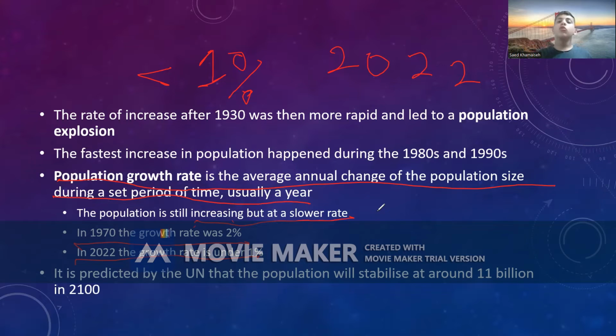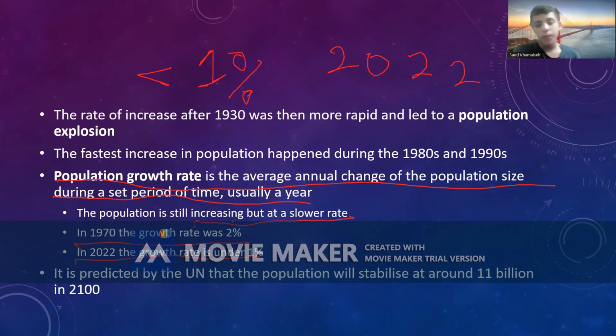In 2022 it is increasing, but not as fast as in 1970, when the growth rate was 2%. So the 2% was higher than the 1%. It's important to know this point. I think we highlighted or underlined it.